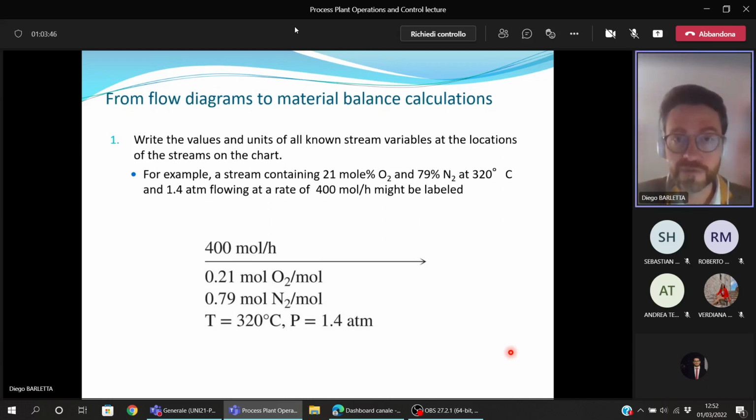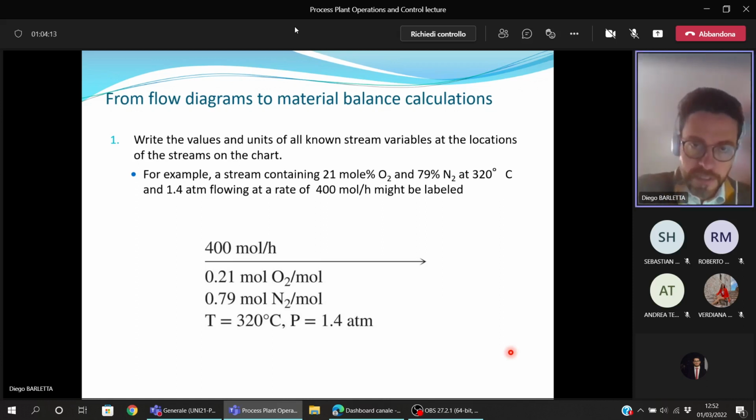So for example, if we have a stream that contains 21% mole in mole of oxygen and 79% of nitrogen at 320 degrees Celsius and 1.4 atmosphere, flowing at a rate of 400 mole per hour, we can label the stream in this way.